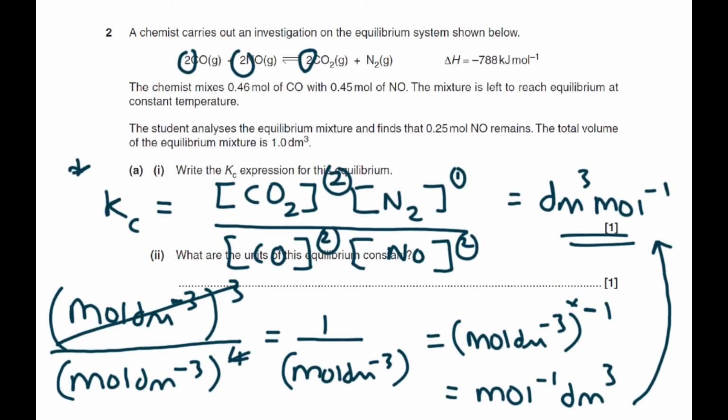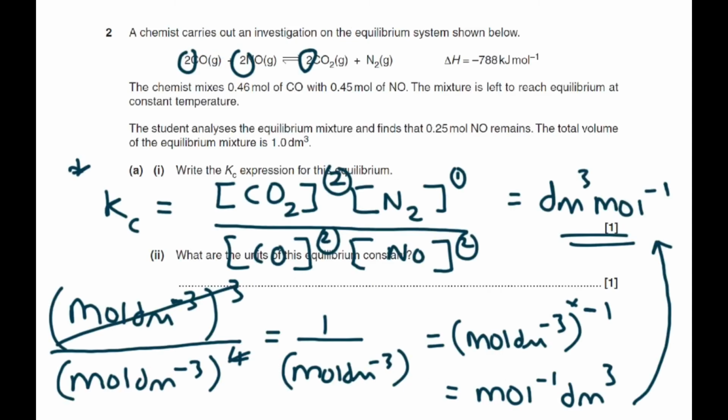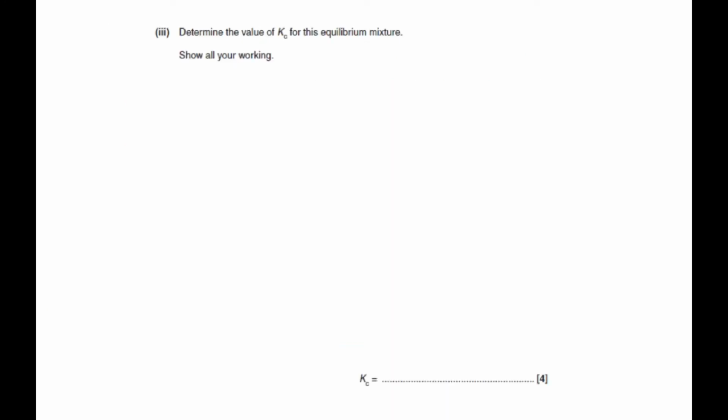Okay, right, then the second part of the question is to determine the Kc value for this equilibrium mixture. So I'm just going to rewrite the equation. The equation is given on the start of the question. Now please remember, you have a go at this question as well.